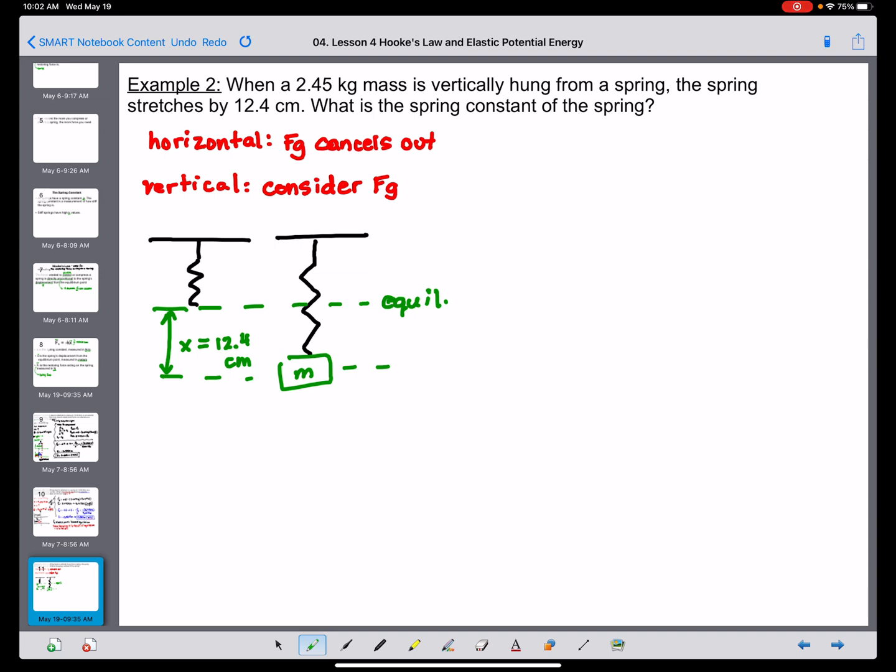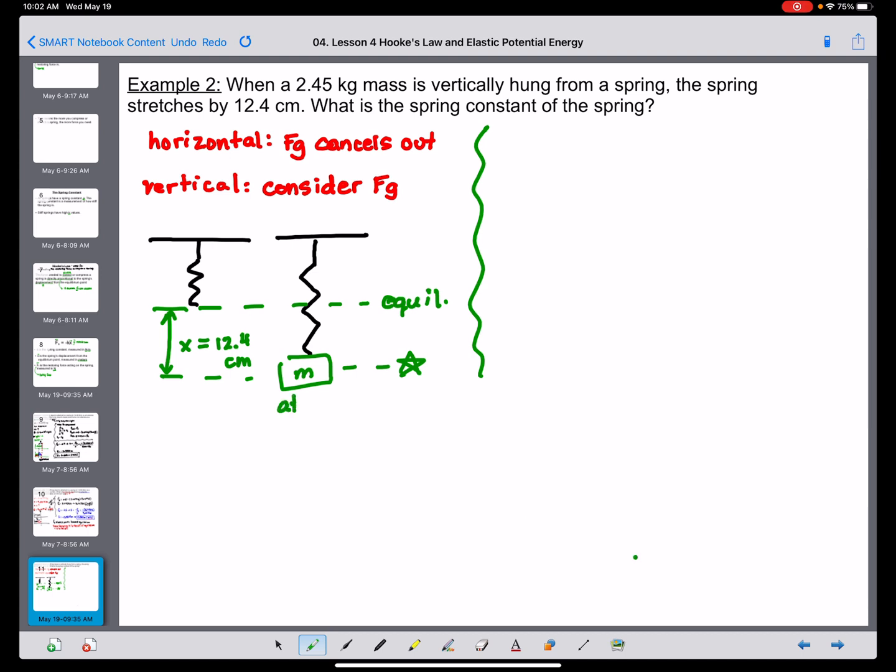Okay, let's draw a free body diagram for the spring at this moment in time here where I'm putting the star. Now, we're making an assumption here that the mass is at rest. So we've hung the mass on the end of the spring, it has stretched the spring, and then it has stopped and it's just hanging there.